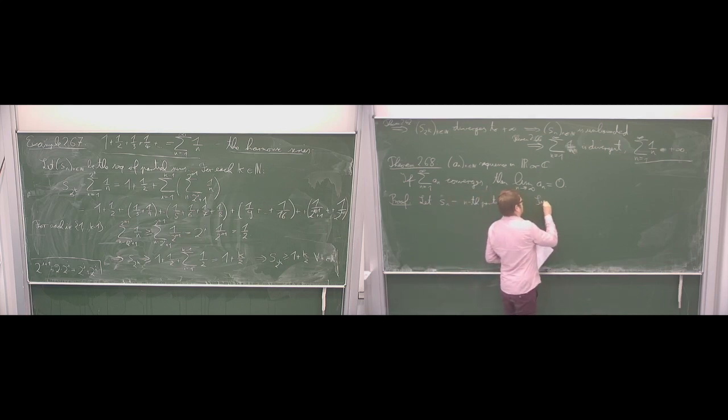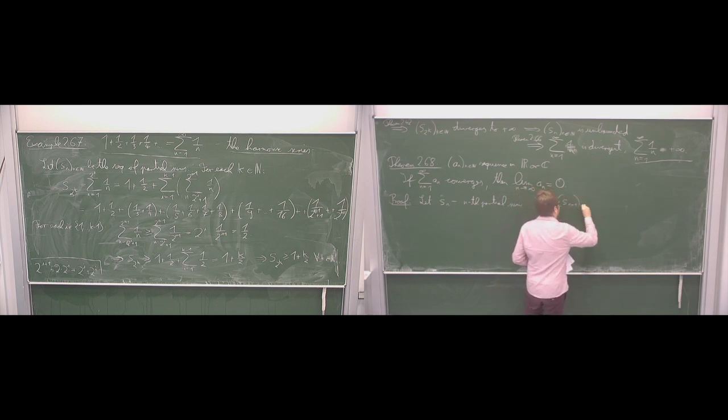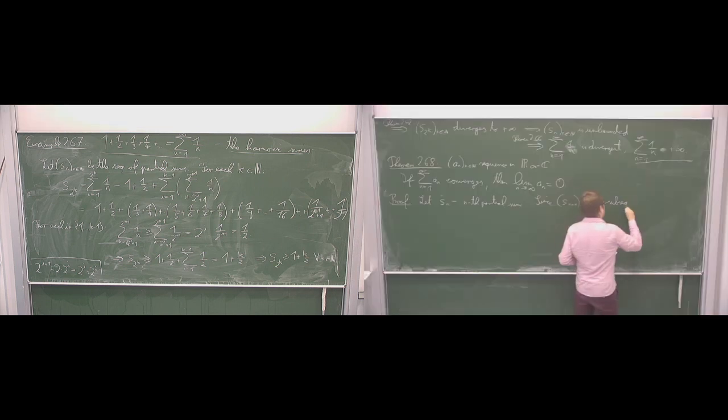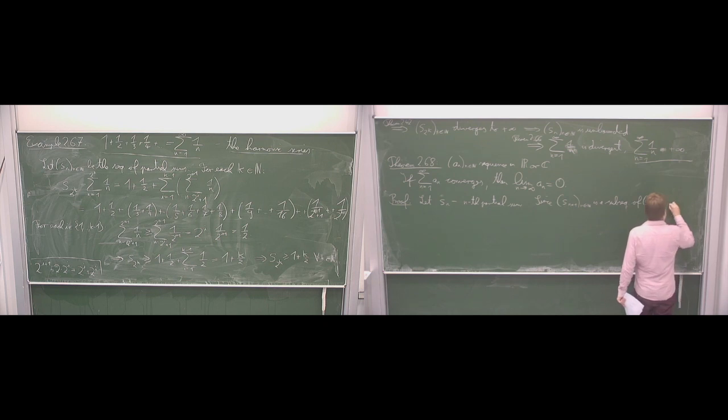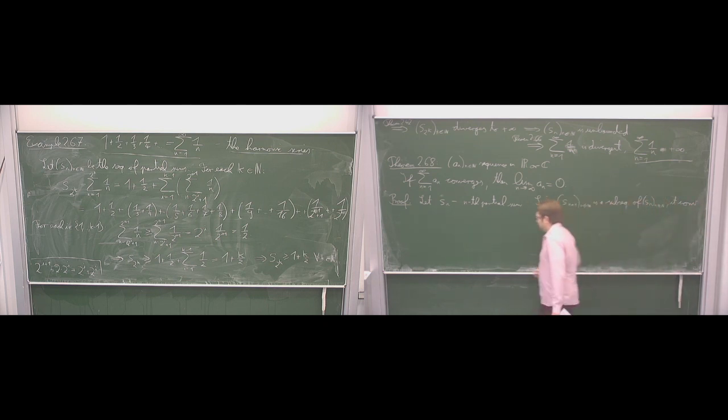Now we take the following subsequence: S_{n+1}, n in N. Since this is a subsequence of Sn, and by assumption Sn converges, this subsequence converges against the same limit. It converges, and not only that, the limits are the same.